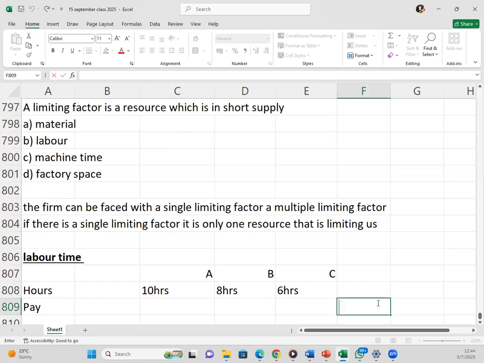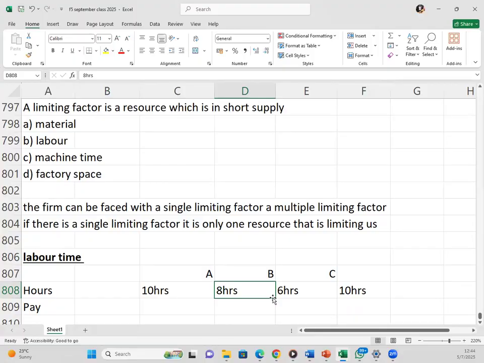The maximum time you can work is 10 hours. That's your maximum in a day. But these companies want you to work for them.